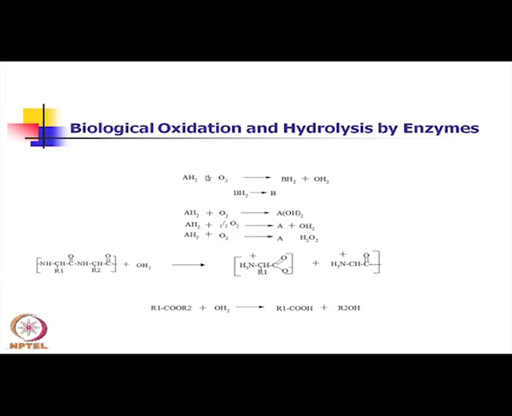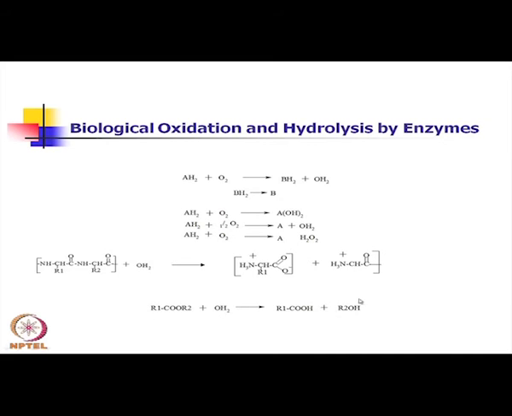And for biological oxidation and hydrolysis by enzymes, this shows a scheme of reaction. Basically, this is an oxidation process. This oxidation reaction is catalyzed by the presence of enzymes and it ultimately produces acids and alcohols if the polymer is a polyester.